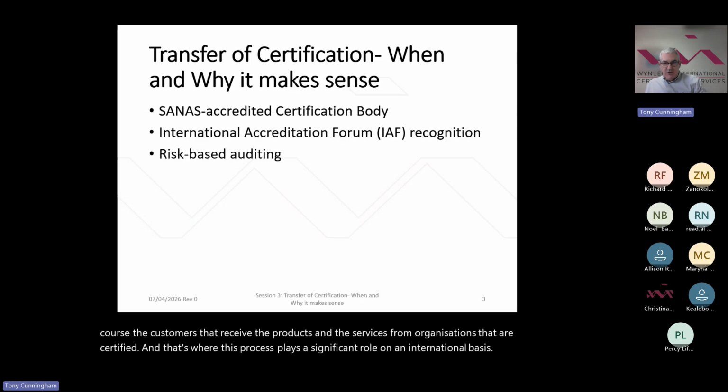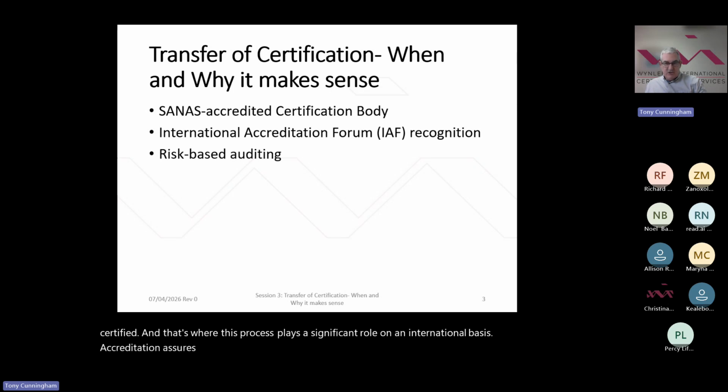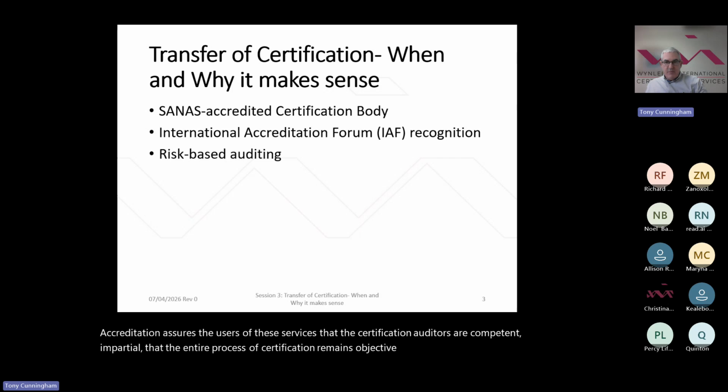Accreditation assures the users of these services that the certification auditors are competent, impartial, that the entire process of certification remains objective and impartial. And the IAF members represent 83 countries, typically government accreditation bodies, as is SANAS in our country, and other industry associations.